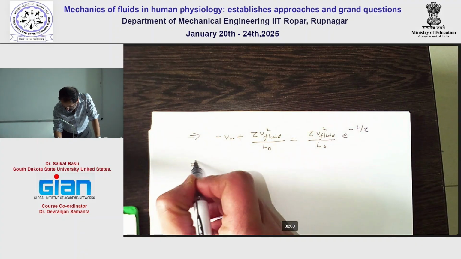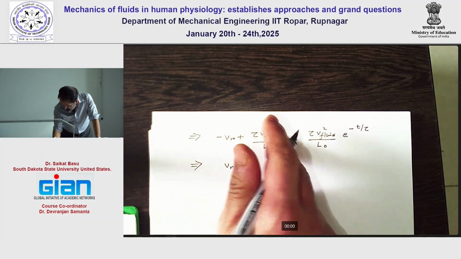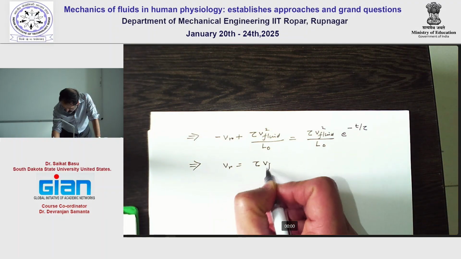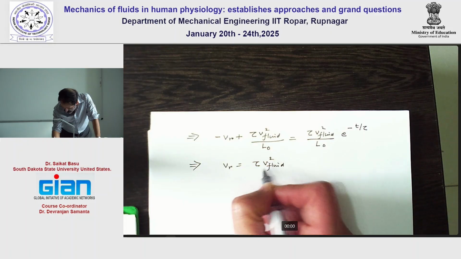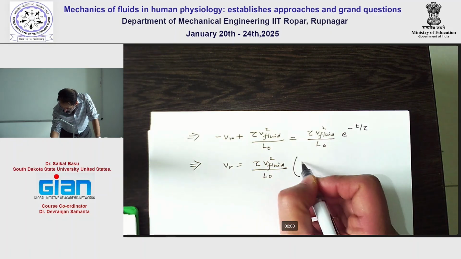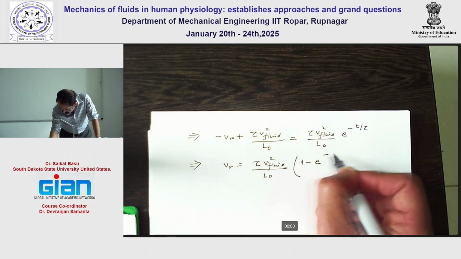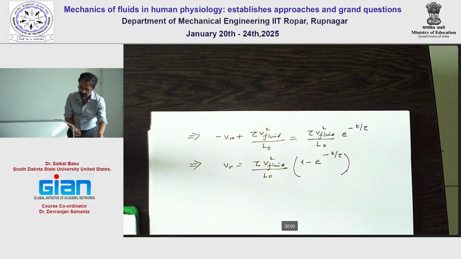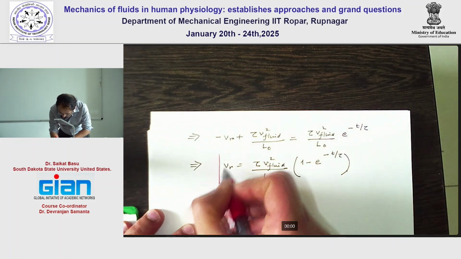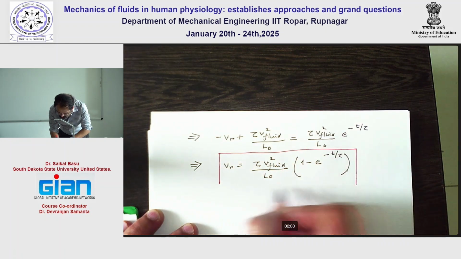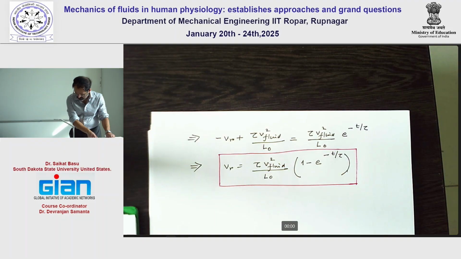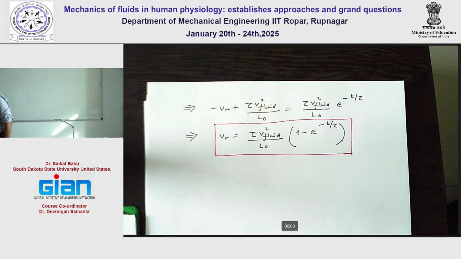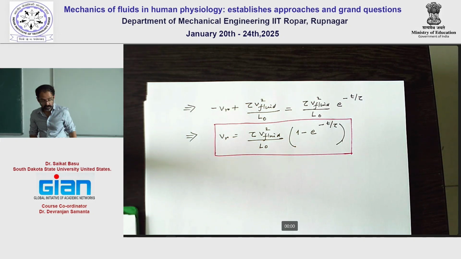Or Vr is tau V fluid square by L naught times 1 minus e to the power of minus t over tau. So this is the time function for Vr, the radial component.